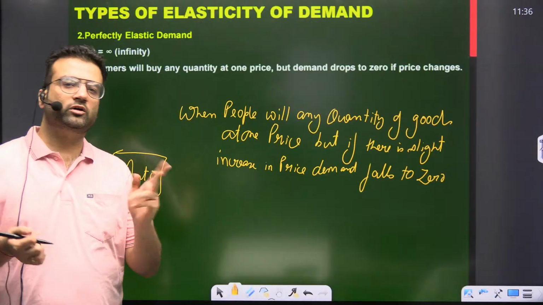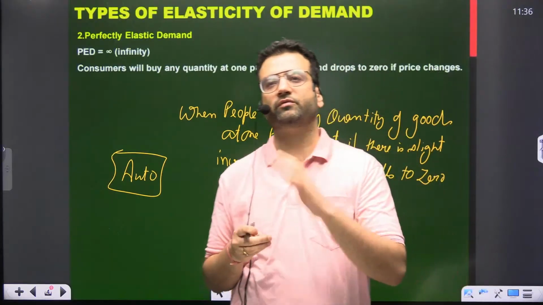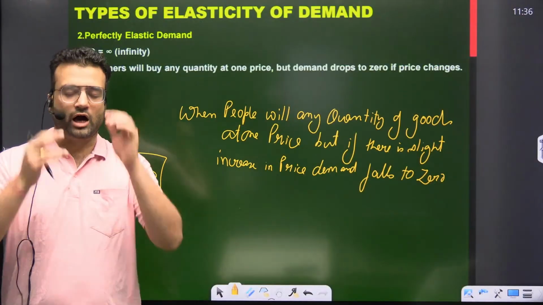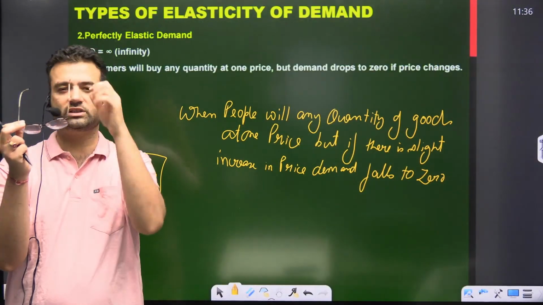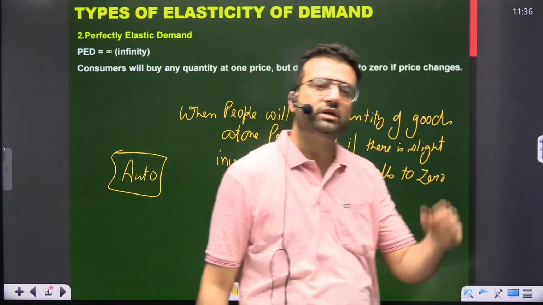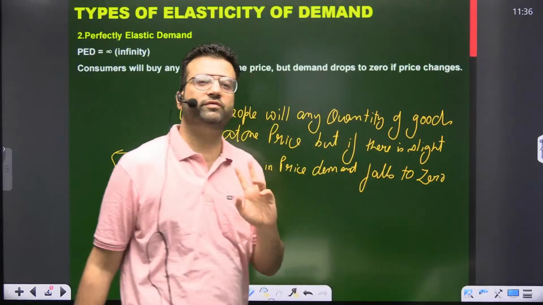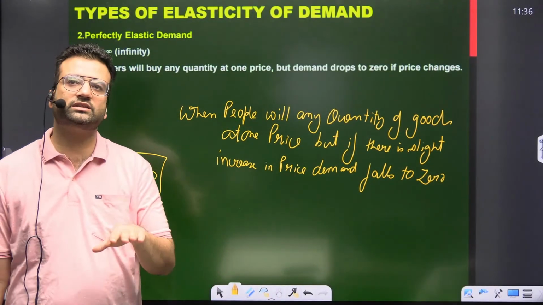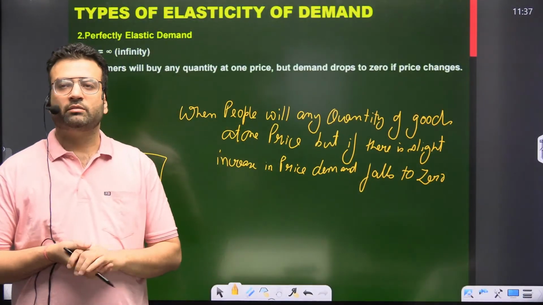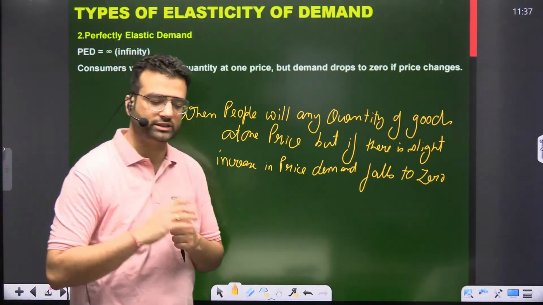Now if some battery wala or auto wala charges 40 rupees, people will not prefer to go with him. If all of them charge 30 rupees, then thousands of people, 10,000 times on a daily basis, will go to that sector from the metro. So perfectly elastic demand means when the price remains the same for all, people can demand n number of times. But if you slightly increase the price, the demand falls to zero. This is perfectly elastic.